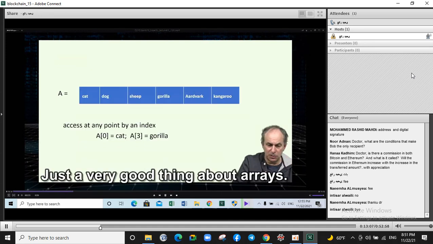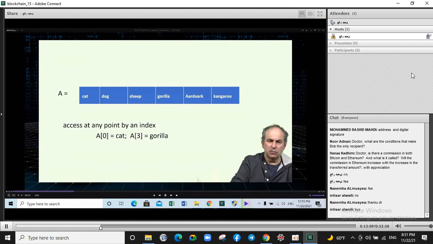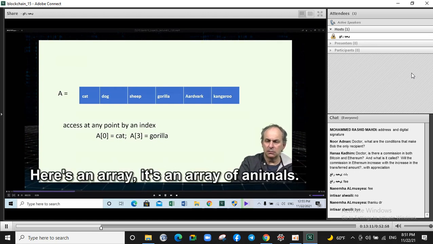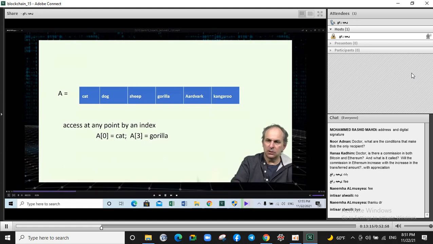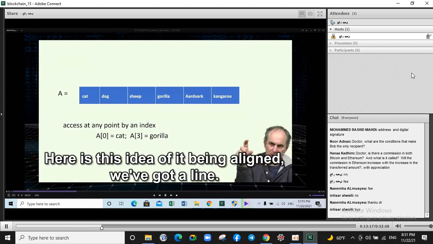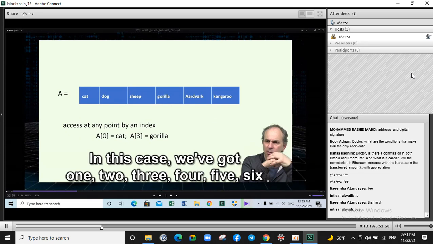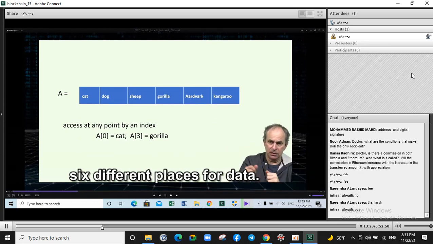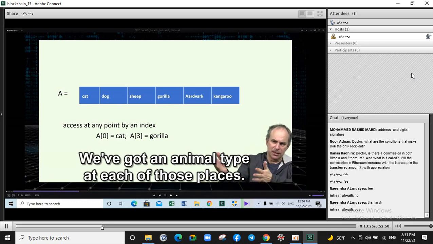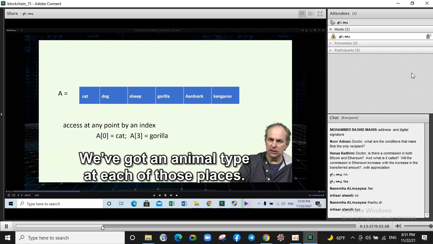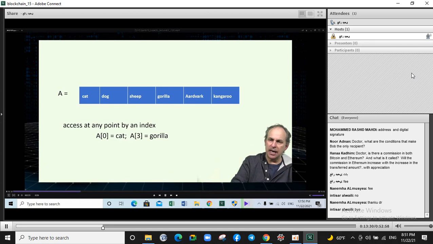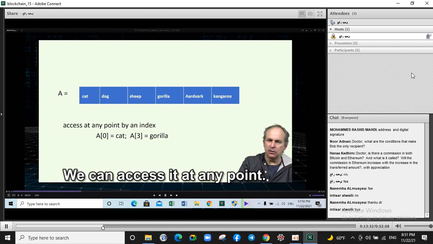There are some very good things about arrays. And here's an array of animals. So here's this idea of it being a line. We've got 1, 2, 3, 4, 5, 6 different places for data. We've got an animal at each of those places, and we can access it at any point.